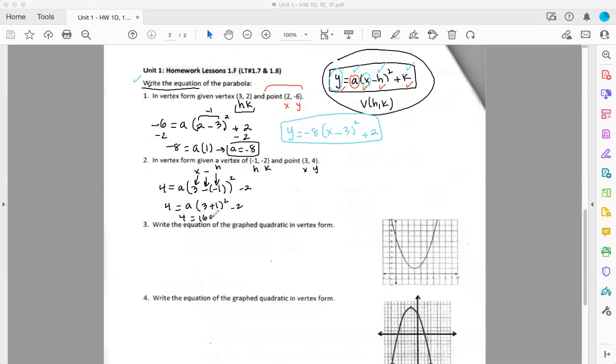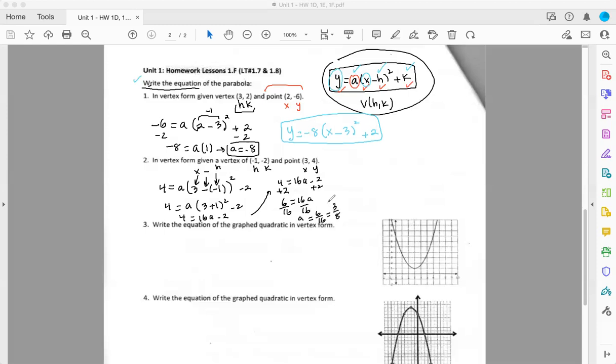This is 16a minus 2. So I'm going to rewrite it up here. 4 equals 16a minus 2. Then add 2 to both sides, because remember, we're finding a, which means we're isolating a. We're getting a by itself. So we get 6 equals 16a, and divide by 16, we get a equals 6 over 16, which can be simplified by dividing top and bottom by 2 to get 3/8.